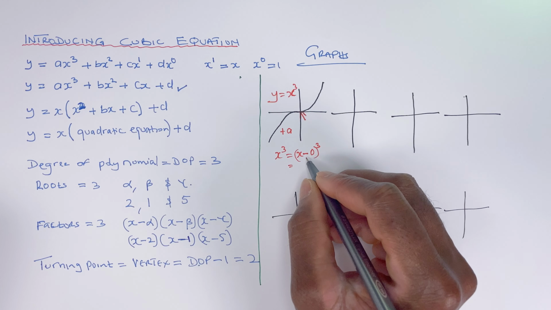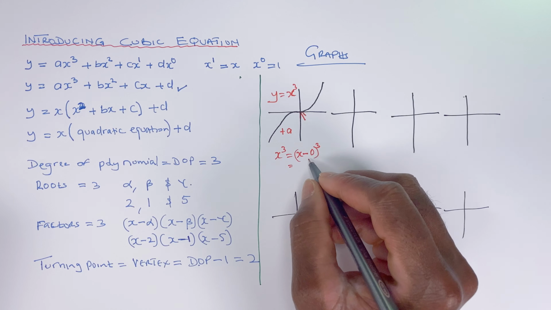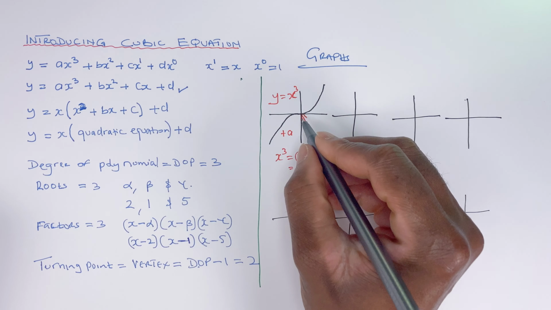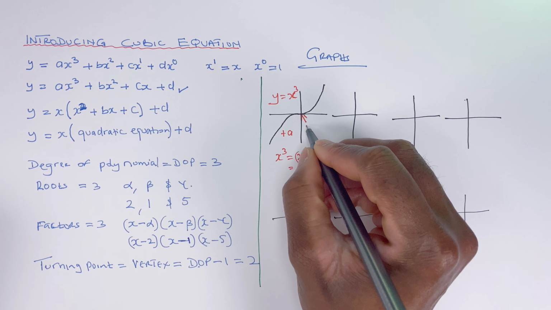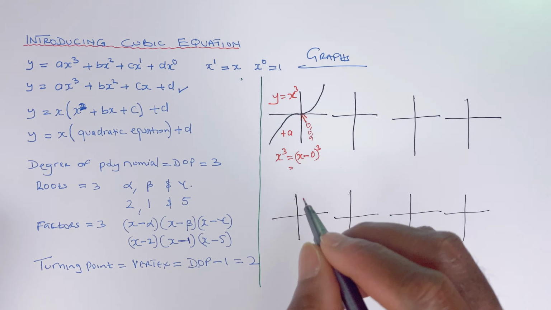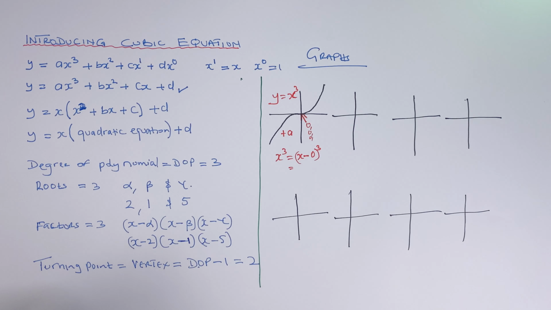If you set x minus 0 to 0, you get x equals 0. So x equals 0, x equals 0, x equals 0, 3 times. So you've got 3 equal roots.